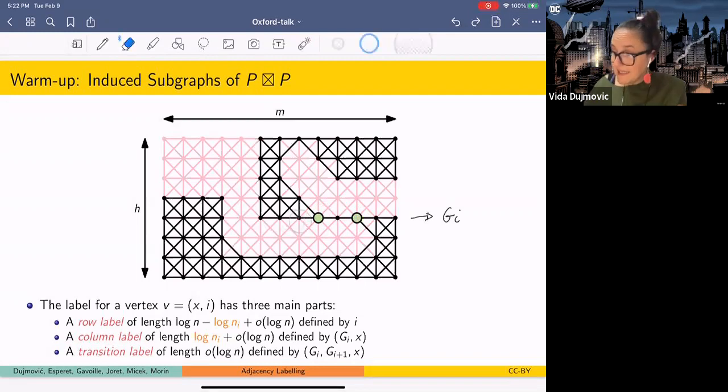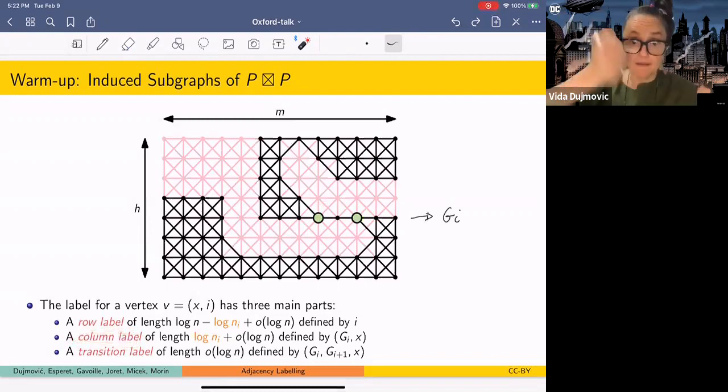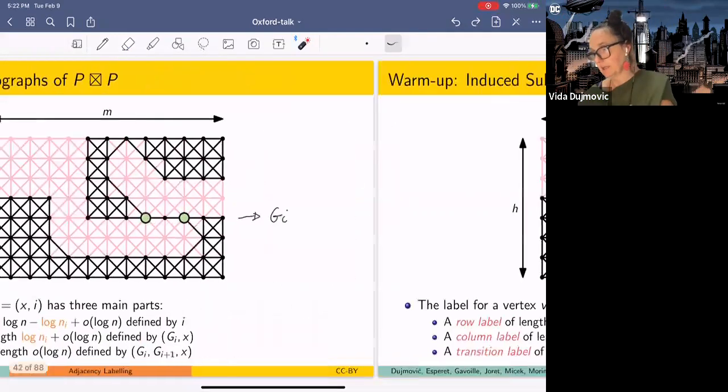So if the two vertices are in the same row, then we are done. The column label tells me, are they consecutive, or if you're using the hammer from bounded tree, they tell you in the bounded tree graph, are they adjacent? All right, so if the two vertices are in the same row, we are safe.